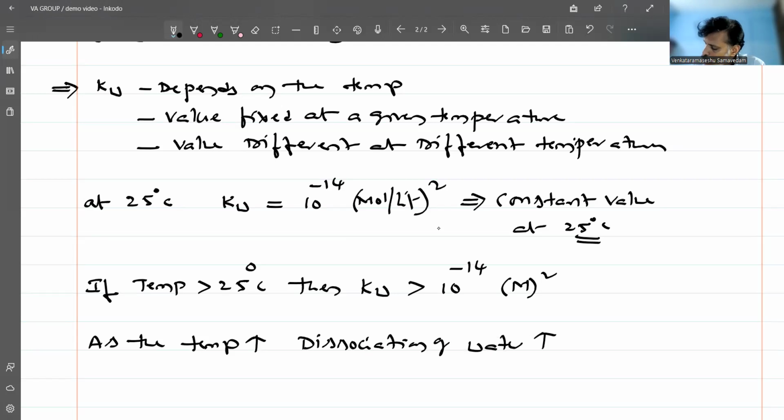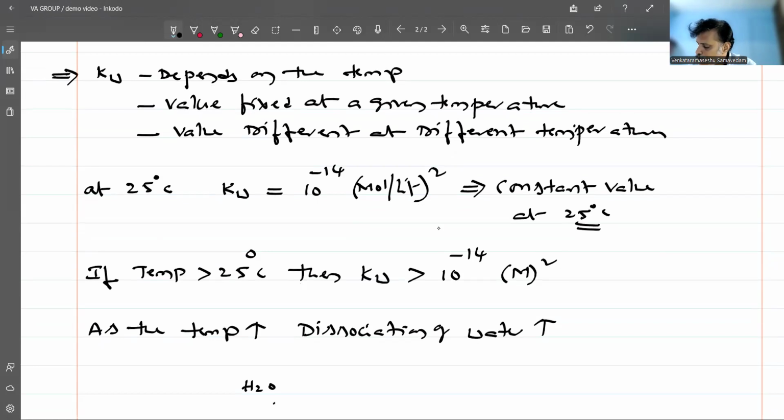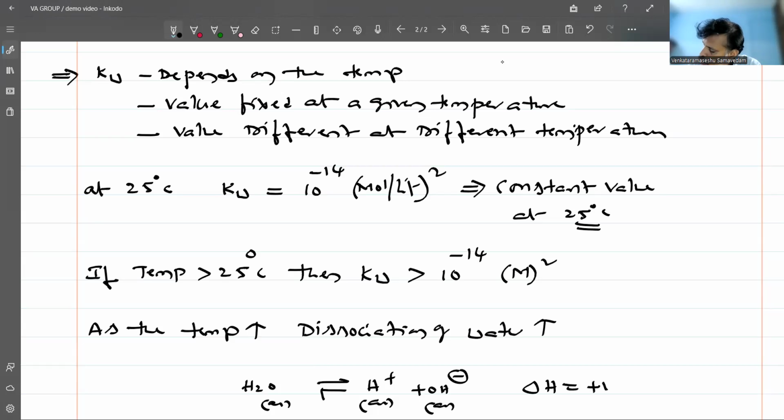So why does dissociation of water increase? Let us consider a water molecule in aqueous condition, giving H plus ions aqueous and OH minus ions aqueous. I'm writing the dissociation constant. For this process, delta H is positive.